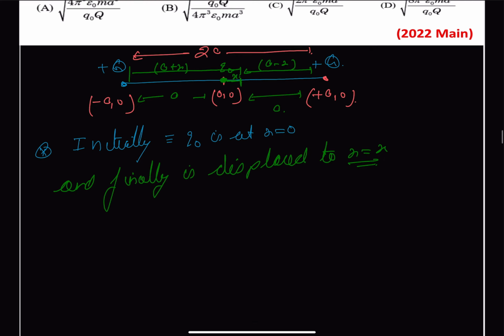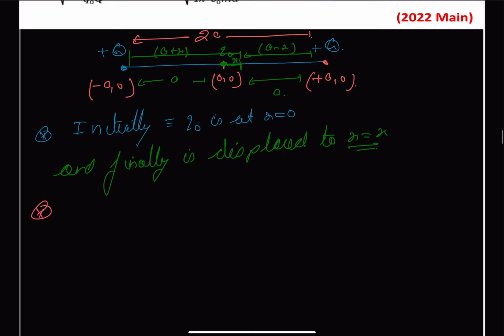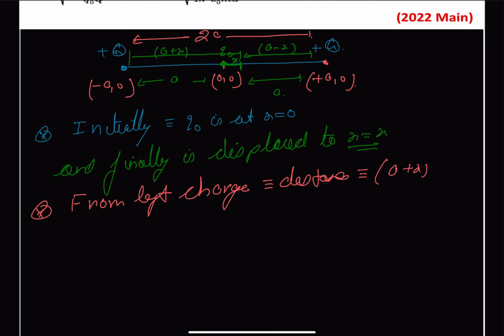Therefore from the left charge the distance is a plus x, and from the right charge the distance is a minus x, and let us call these r1 and r2.